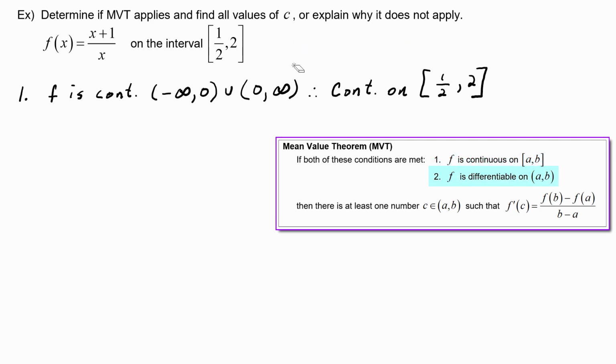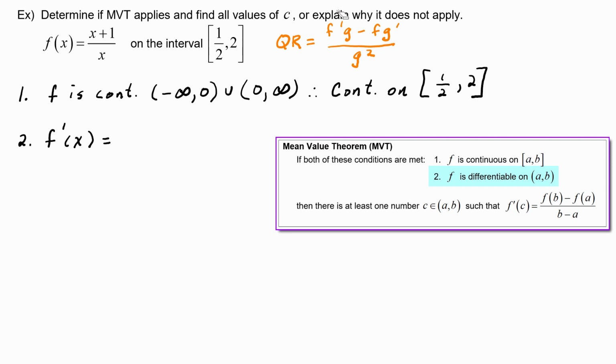In step 2, we have to show that f is differentiable on the open interval from 1/2 to 2. That means we need to look at the derivative. For f prime of x, we will need to use the quotient rule, which we know is f prime g minus f g prime over g squared.